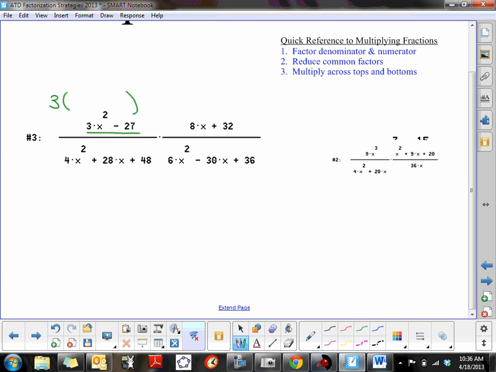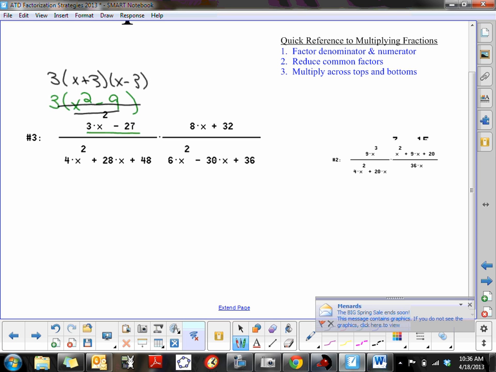If you factor out the 3, what are you left with as your binomial? X squared minus 9. Don't give up on those. After you factor out your monomial, re-examine. Take a look at this binomial sitting in here. Does that factor again? Yep, that's the difference of 2 perfect squares. So it's going to be 3 times x plus 3, x minus 3.